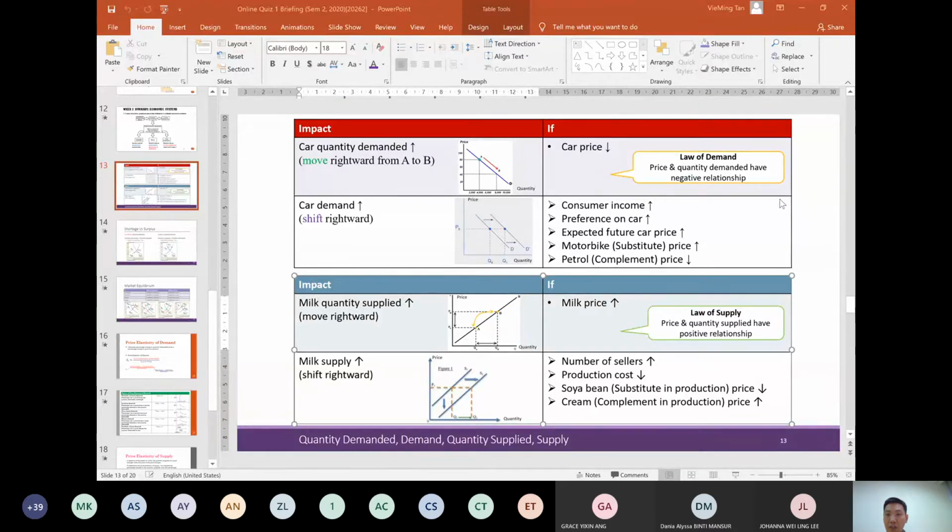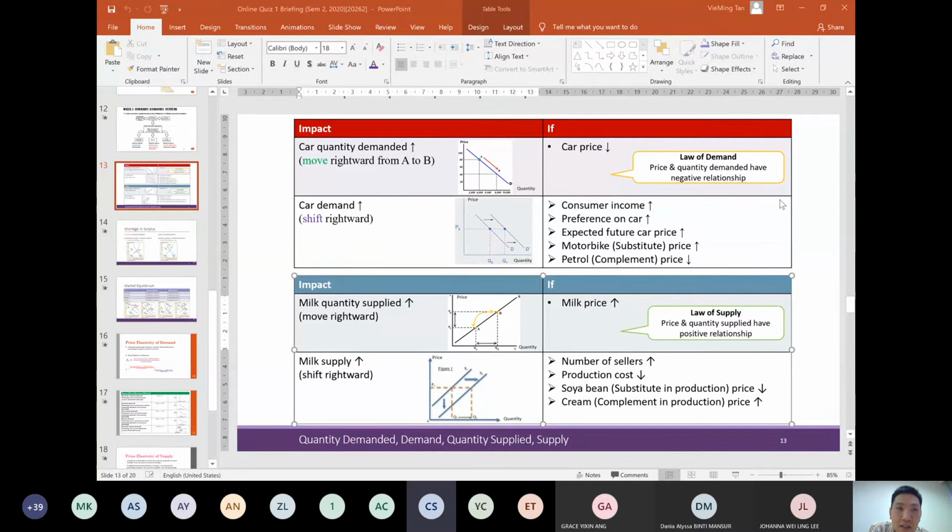Lee Chonvon, are you here? Lee Chengvon. No? Cindy? Cindy Xia. Yes. Yeah, Cindy, do you know what is the belief from the law of supply?